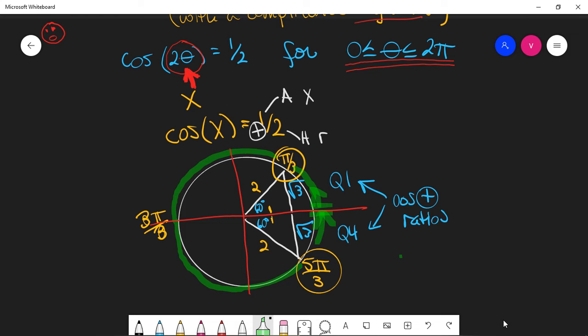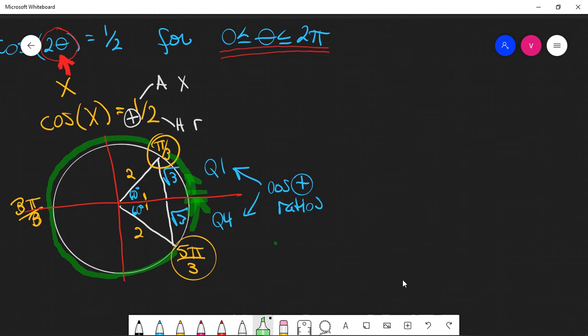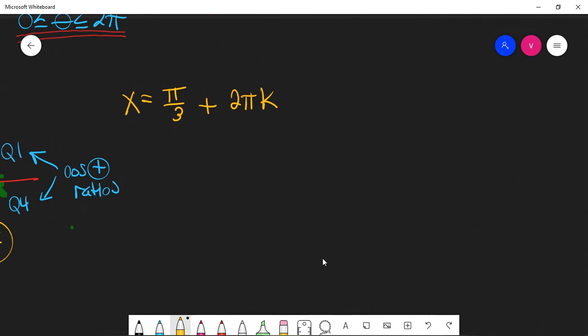So what do we have for our answer here? We say that x is equal to pi over 3 plus every forward or backwards rotation, or x is equal to 5 pi over 3 plus or minus every forward or backwards rotation around the circle.